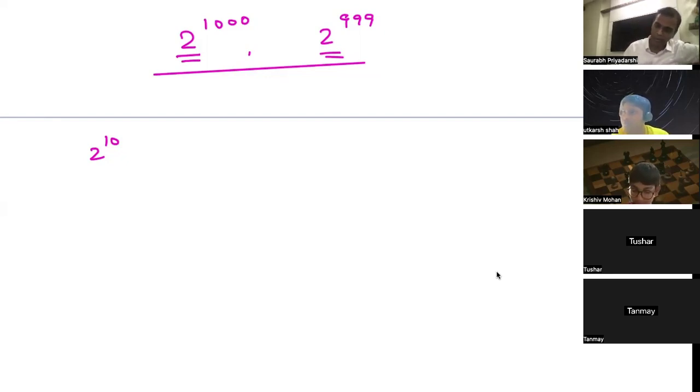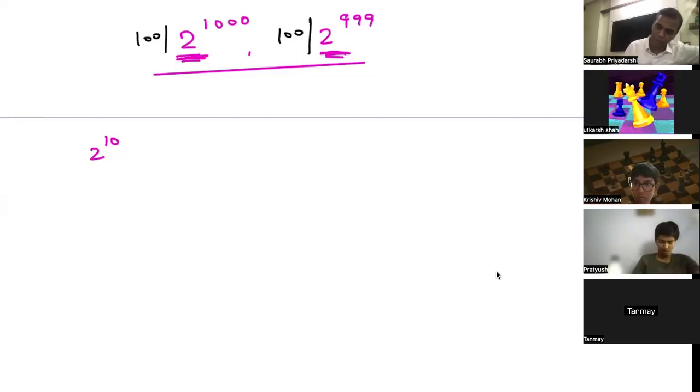So what I'm saying, we have to find 2 to the power 999, and the closest to this is 2 to the power 1000, right? So we divide this number by 100, and just see what I'm getting. I'm starting with the fact that 2 to the power 10 is 1024, and 2 to the power 10 plus 1 is 1025, which means this is divisible by 25.